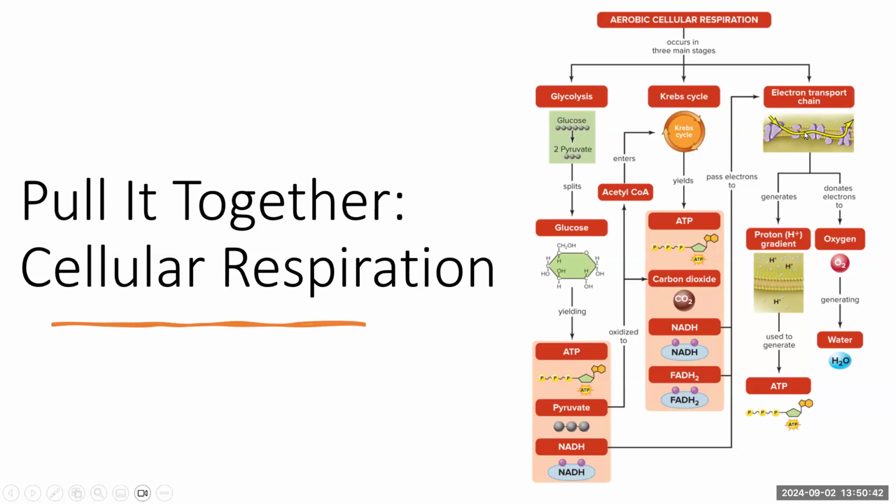The electrons that were donated are used to bind to oxygen, generating our waste product of water. And remember, FADH2 only makes 2 ATP, whereas NADH will make 3 ATP.